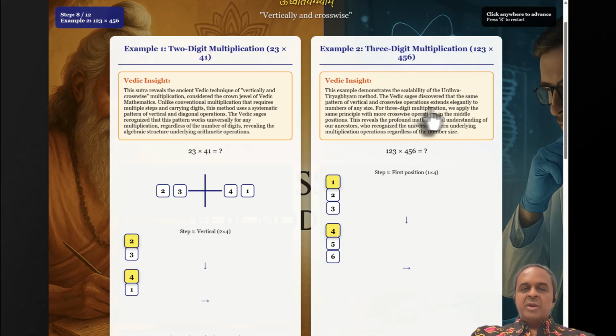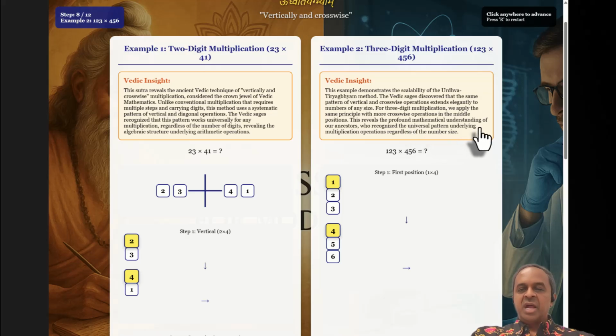You have the hundreds and the units, which you do vertically, and the others will be crosswise. So this reveals a profound mathematical understanding of our ancestors, who recognized the universal pattern underlying multiplication regardless of the number size.